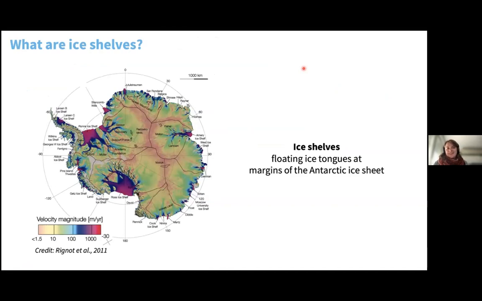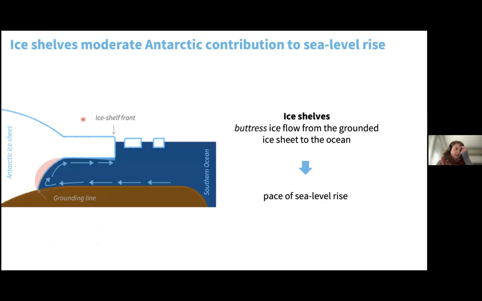So what are ice shelves and why are we interested in them? Ice shelves are the floating ice tongues at the margins of the Antarctic ice sheet. They represent the place where the ice sheet meets the ocean and starts floating. And why are they important and interesting?